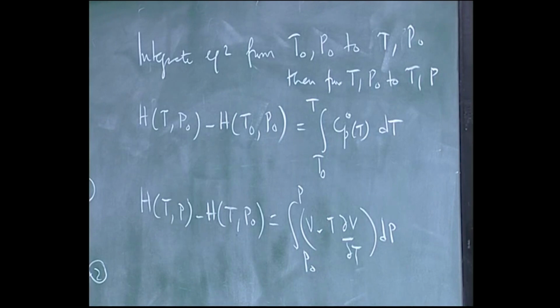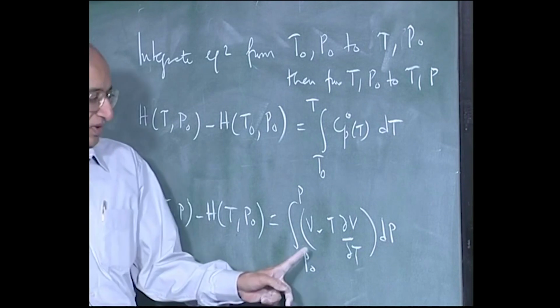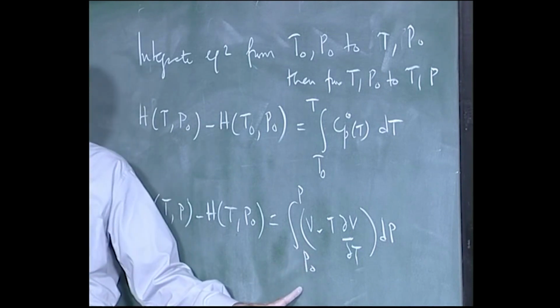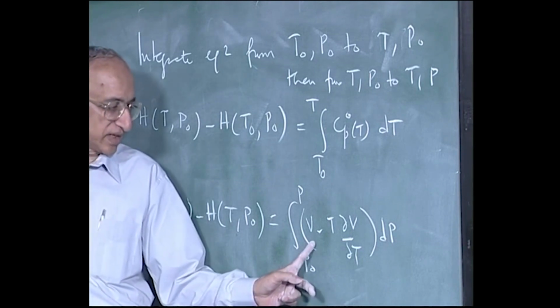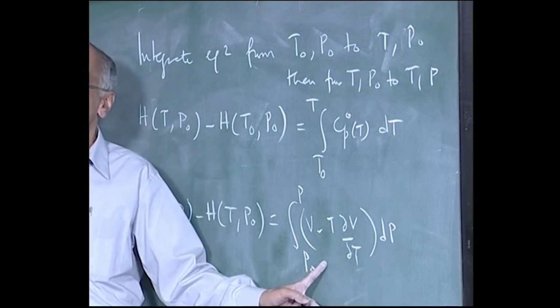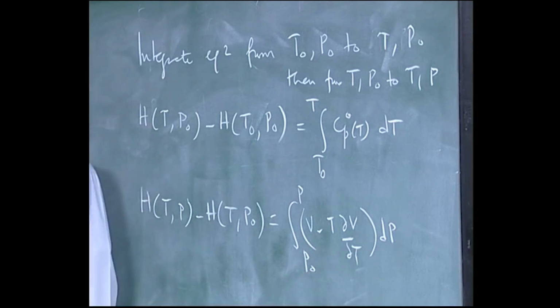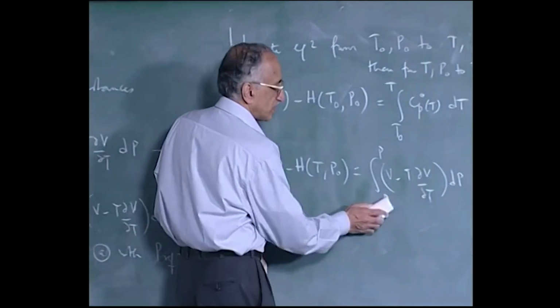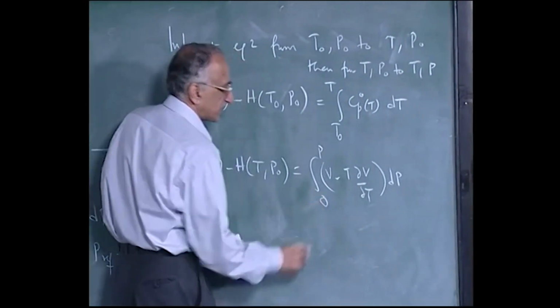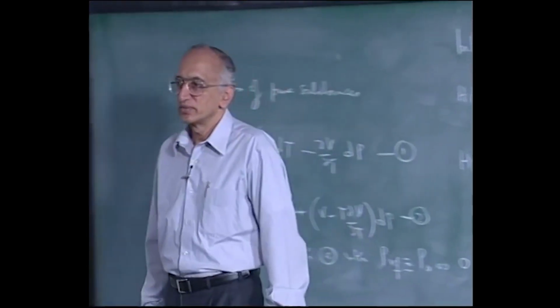So what I will do here is replace P0 by 0, because P0 is chosen sufficiently low so that the gas is ideal. So V minus T dou V by dou T is 0 from 0 to P0. So the integrand is 0 below that, so I will simply replace this by 0.